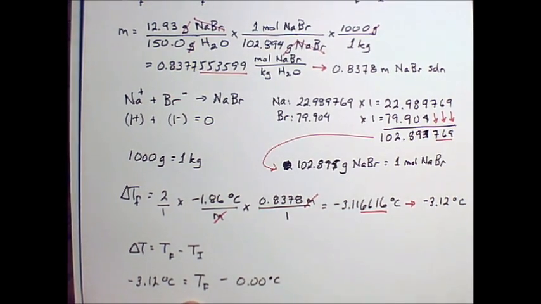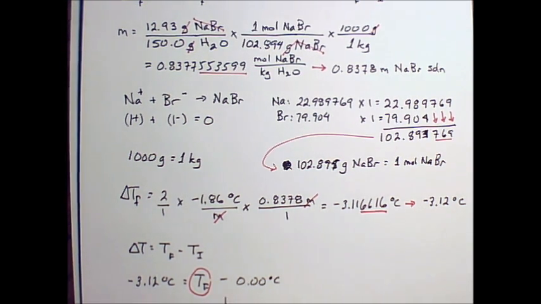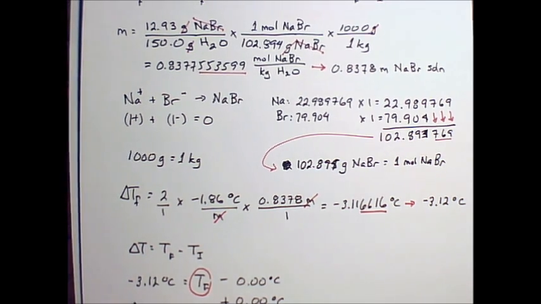And what we need to do is the same thing we did in the last unit, where we isolate the unknown. We're at that point in the problem where we need to isolate that T sub F. Since we have a subtraction problem here, we need to add something that will get rid of this term. So we're going to add 0.00 degrees C to this side of the equation. But if we do it to this side, we also have to do it over here.